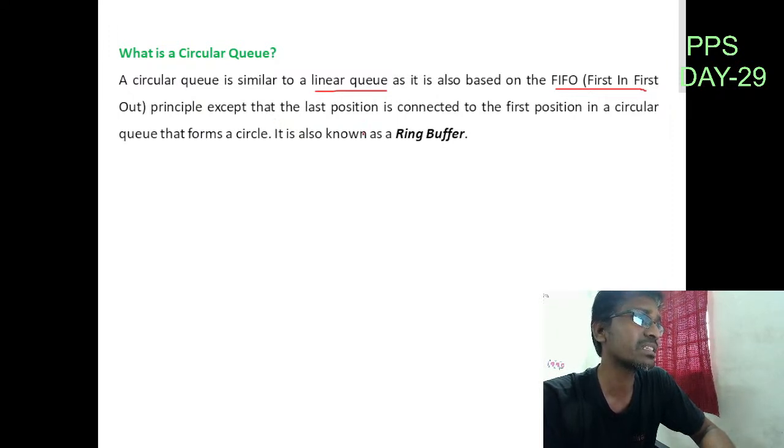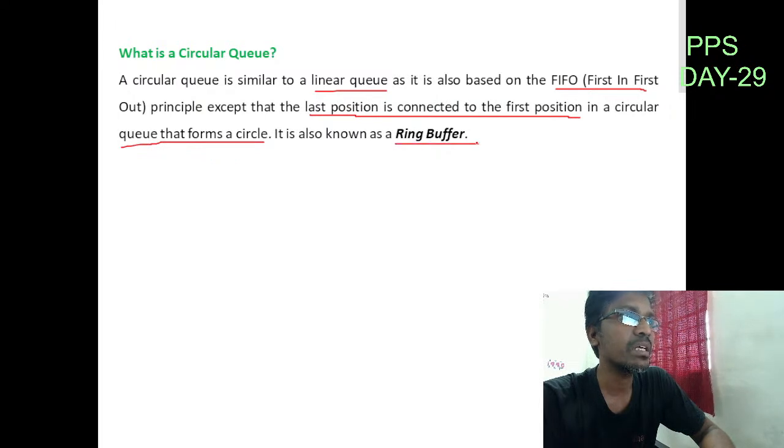But the difference is that the last position is connected to the first position, like in a circular queue. That's why it is also known as a ring buffer.